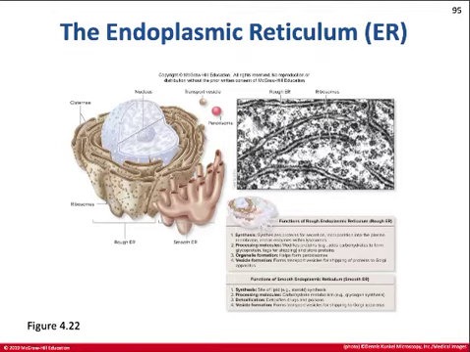The purpose of the rough ER is to serve as a receptacle for proteins that are eventually going to either be secreted or become part of another membranous organelle, either inside it or on the outside of the membranous organelle as a membrane protein, or could be incorporated into the plasma membrane or even ejected from the cell.